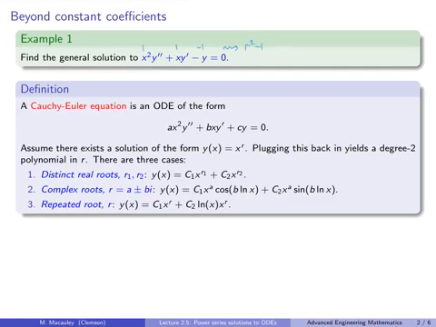Then, as before, you could write the general solution as c1 x to the r1 plus c2 x to the r2, but that's not desirable because what does x to the a plus bi actually mean? So in this case, what you should do is use Euler's identity. Recall that e to the i theta equals cosine of theta plus i sine of theta.